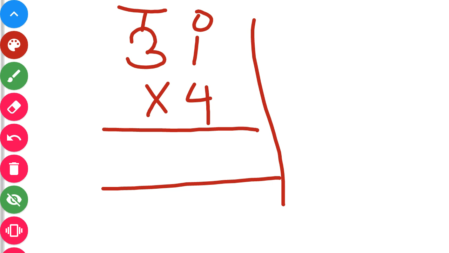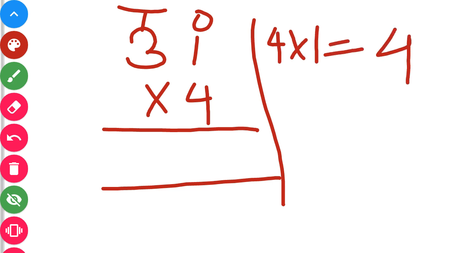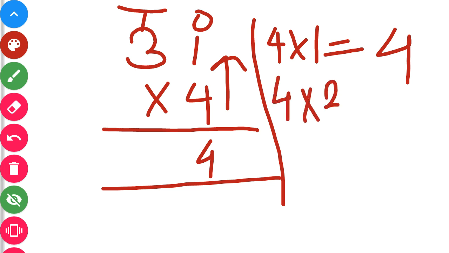Now 4 into 1. 4 1s जा 4. सबसे पहले 4 को 1 से मल्टीप्लाई किया. So our answer will be 4. Now 4 into 3 at tens place.